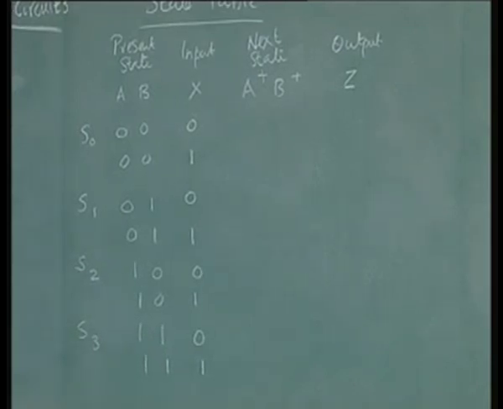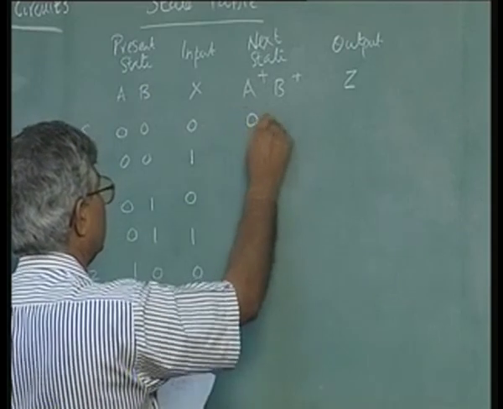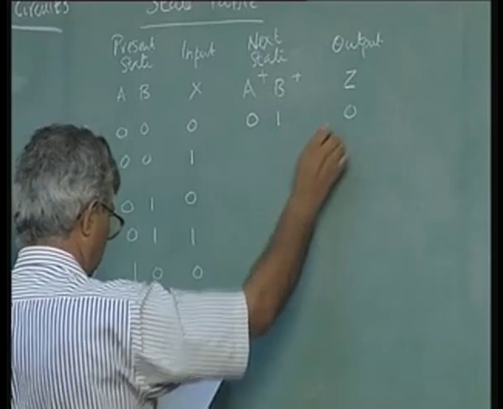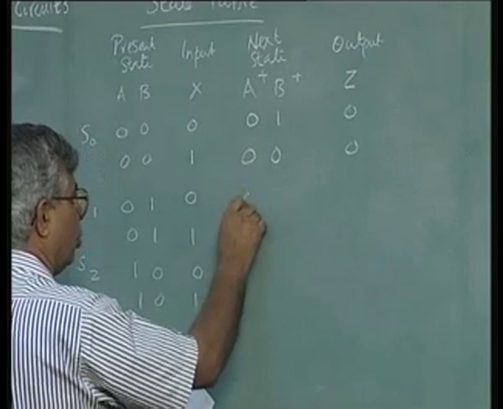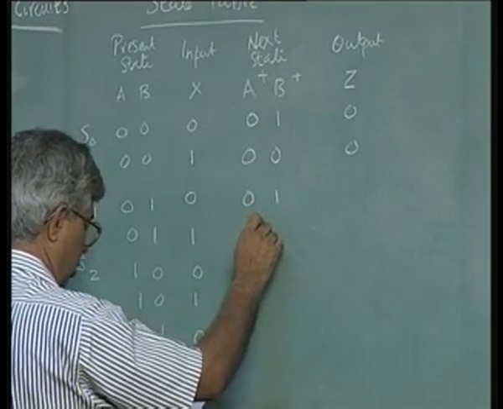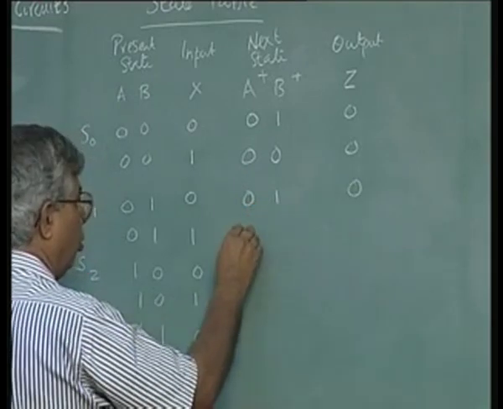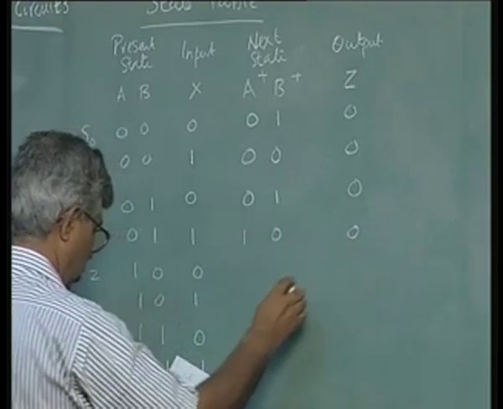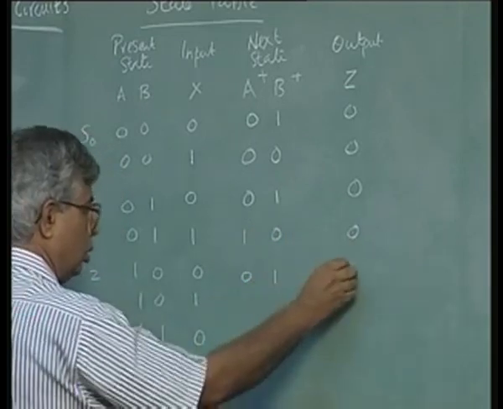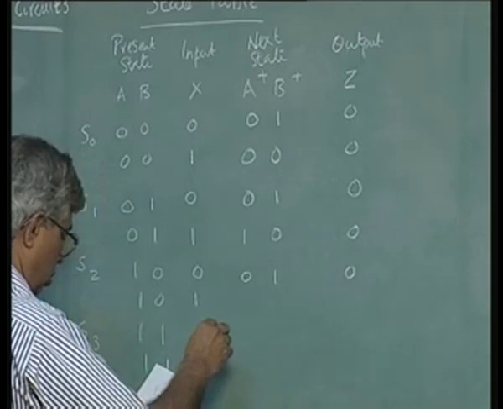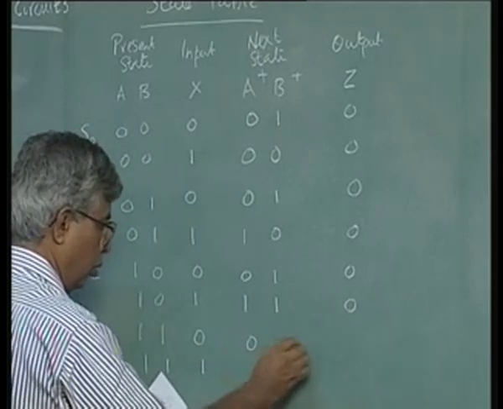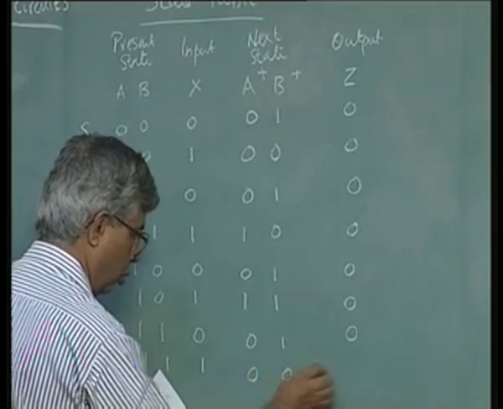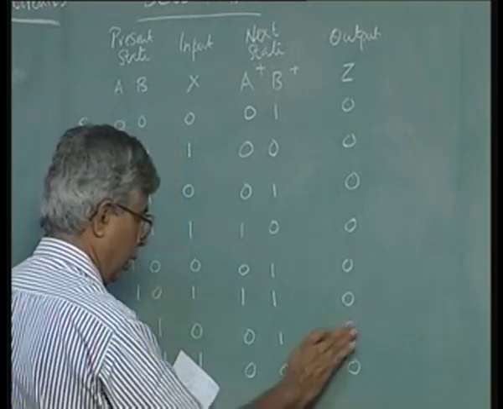Without spending a lot of time, since we already have done this exercise, I can write this as 0 1 0, 0 0 0, 0 0 1, 0 1 0, 0 0 0, 1 0 1 1 0 0 1 0 0 0 0. Oh, this is a 1, output is a 1.